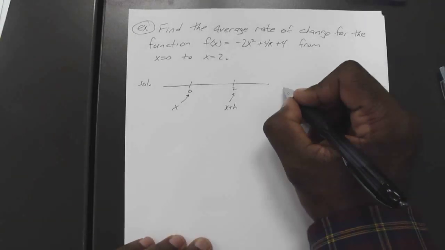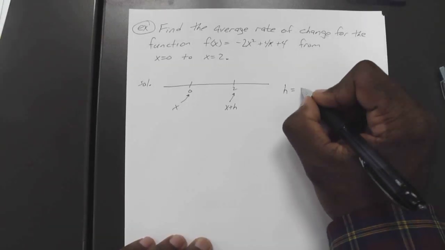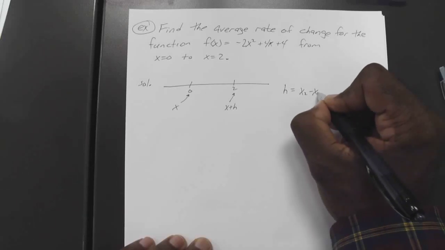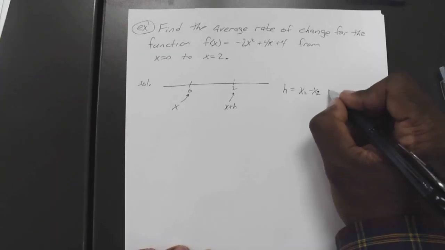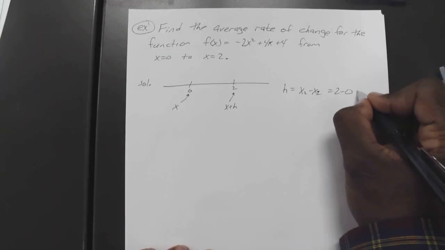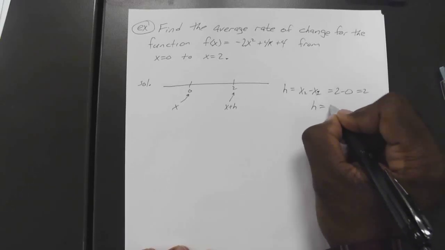Okay, so we know that our h is going to equal the difference in our x values. Now you can kind of look at that and see it's 2, but going through the steps, it's 2 minus 0. So we know our h is equal to 2.